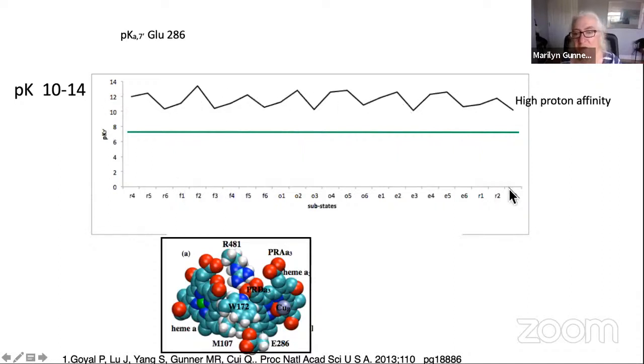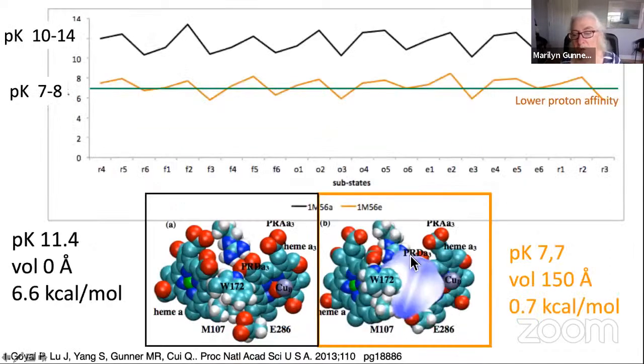These are a bunch of different redox states of the protein. But when you open the gate and you want to lose the proton to go out to the P side, the high concentration side, when the water comes in, the hydration of the glutamic acid makes it much happier to be a negative charge, and essentially the proton affinity goes down and you can release a proton.